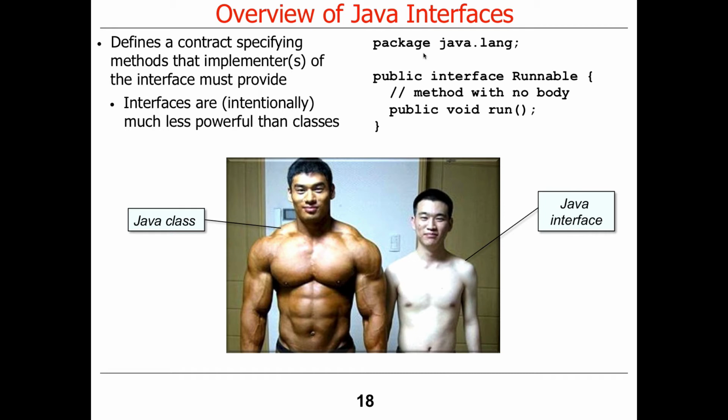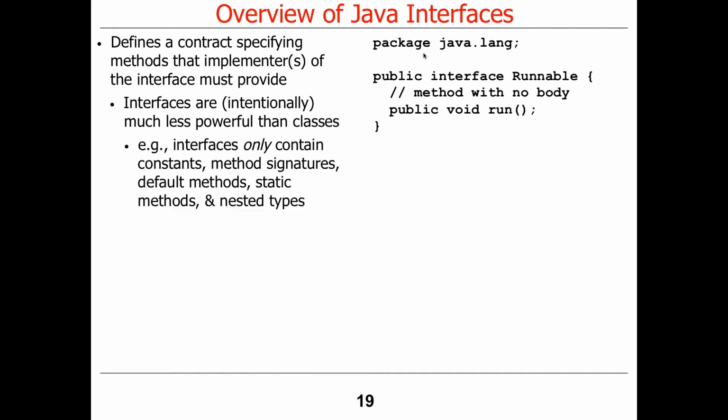Interfaces are intentionally less powerful than classes. They're meant to have a lot fewer capabilities and features, and we'll see why that is later. Although honestly, it's a little bit confusing at times why they did what they did, there are good reasons for this. Interfaces can only contain certain things.